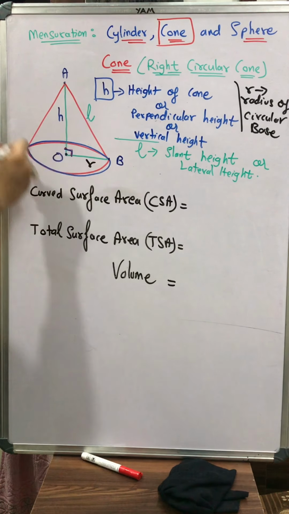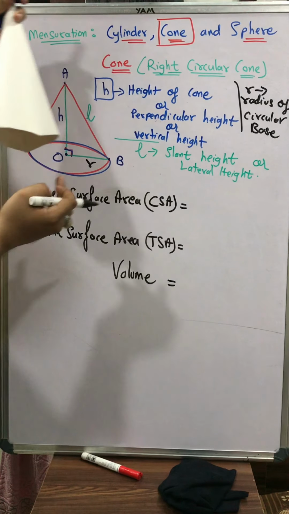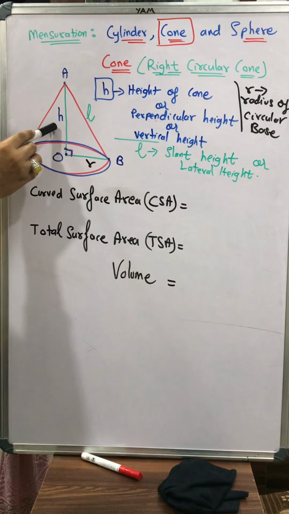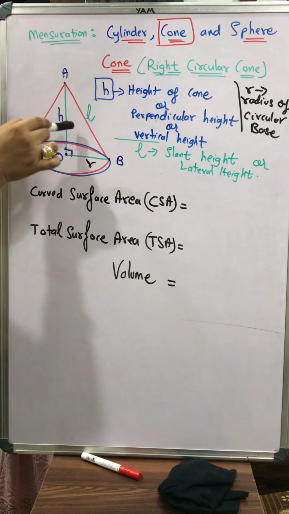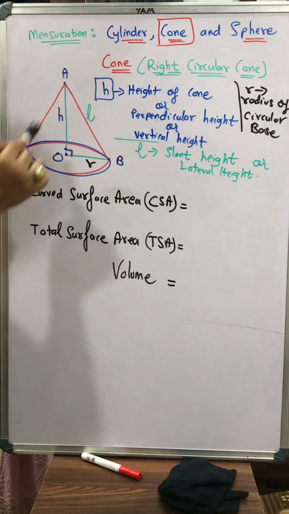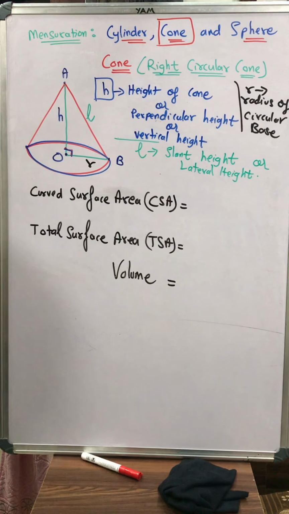Generally we say like this because it's the base of the cone. It's always a circle. So that's it students. h is height or perpendicular height or vertical height. l is slant height or lateral height. r is the radius of the circular base.